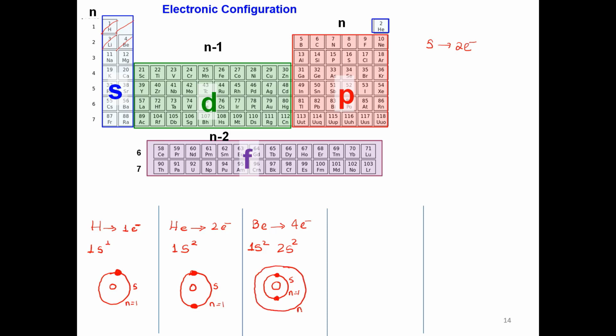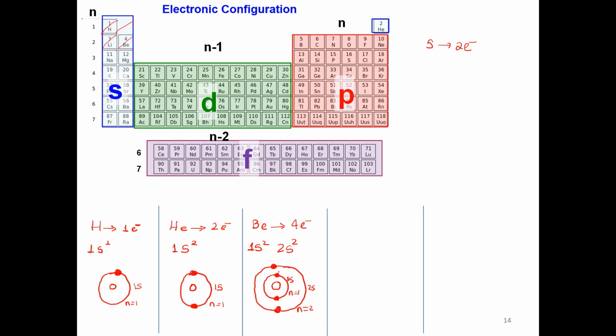This corresponds to n equals 2, and this corresponds to 2s. Maybe I should write here 1s, this way we don't get confused. This is 1s, and this is 2s. And 2s holds up to 2 electrons. This will be the diagram in the case of beryllium.